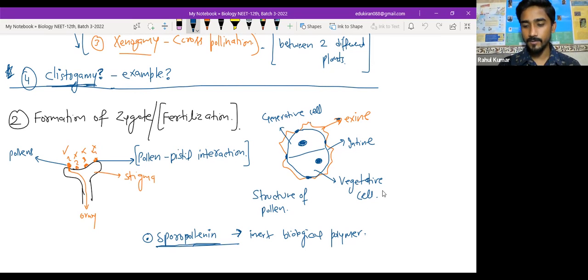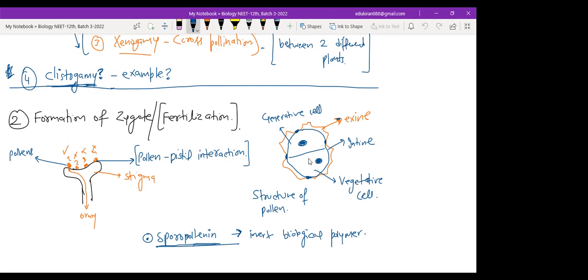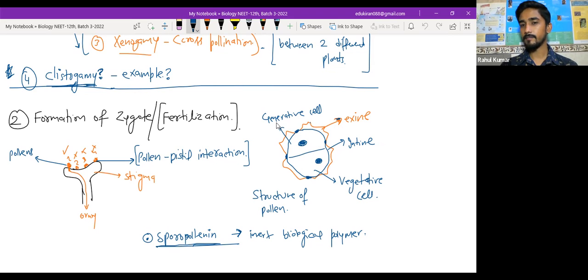So let's first write down a mature pollen. You have drawn this and written everything which I have written on the board? No, sir. So first draw this, mark these, label these. Just a general structure of pollen. Write about sporopollenin.